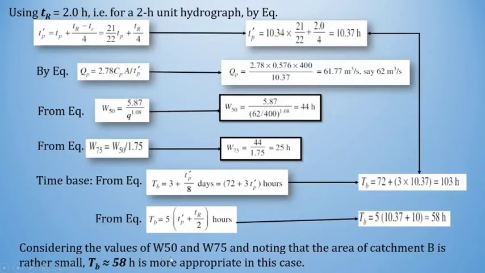Considering the values of W50 and W75, and noting that the area of catchment B is rather small, you can take this particular Tb for plotting the unit hydrograph. Tb equal to 58 hours is more appropriate in this case. It is a judgmental one.